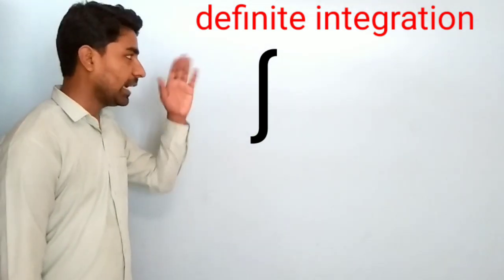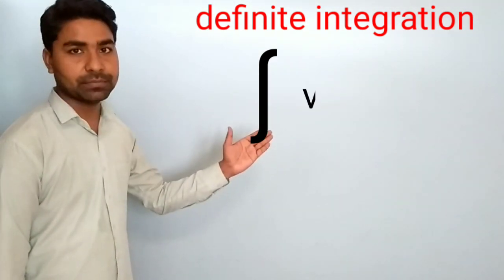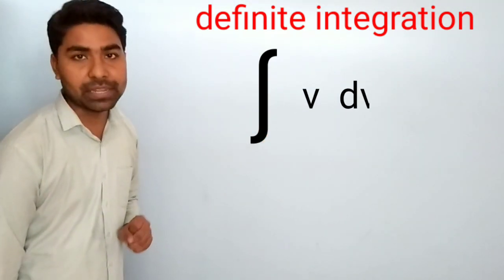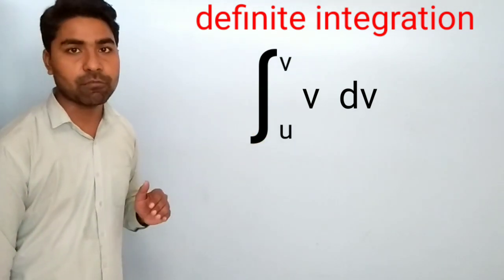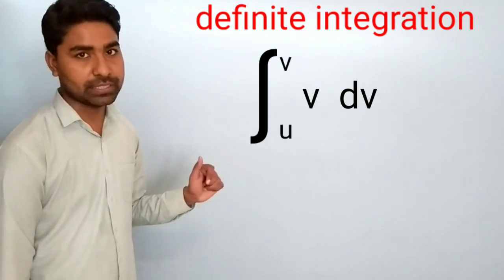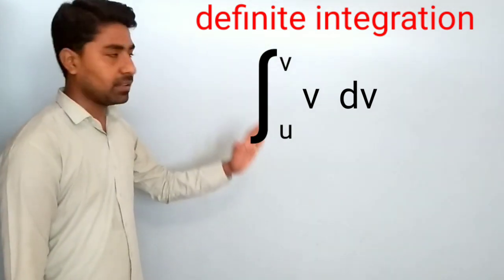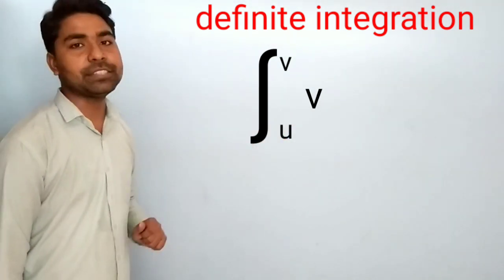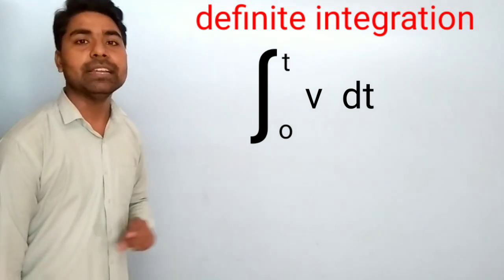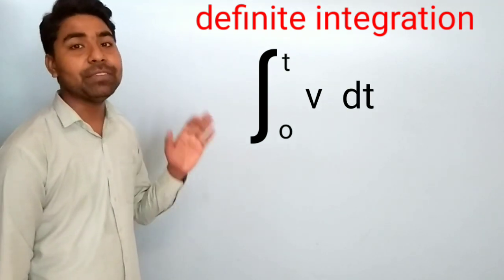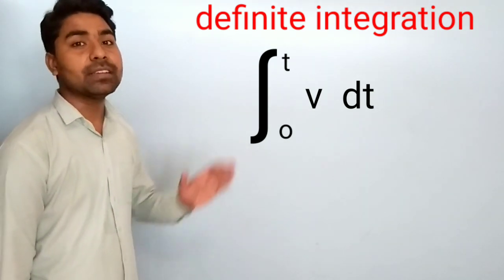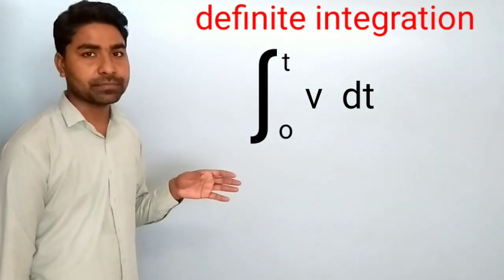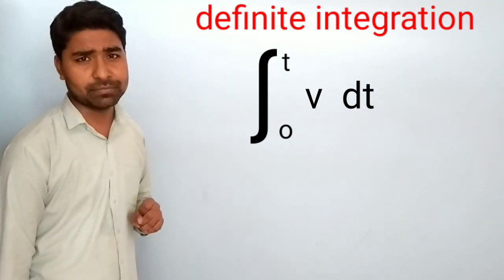Suppose this is v and there must be dv. Then we will say the integration of velocity with respect to velocity. If suppose here it is v, integration of v, but instead of dv here there is dt. Then we have to integrate those functions which contain the time. Here velocity is not containing any time factor.